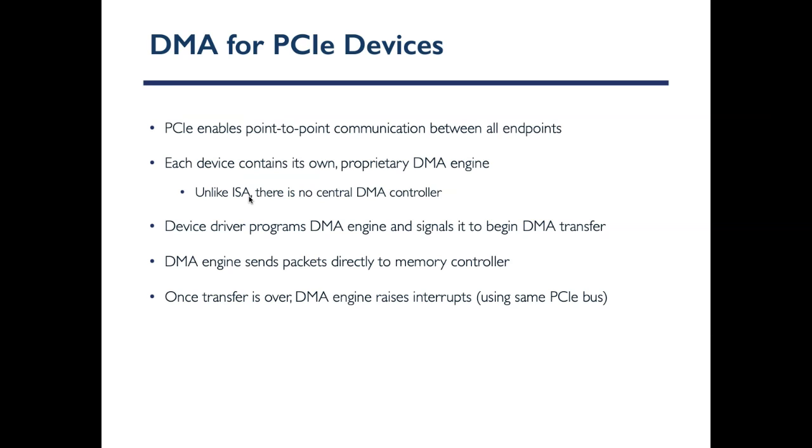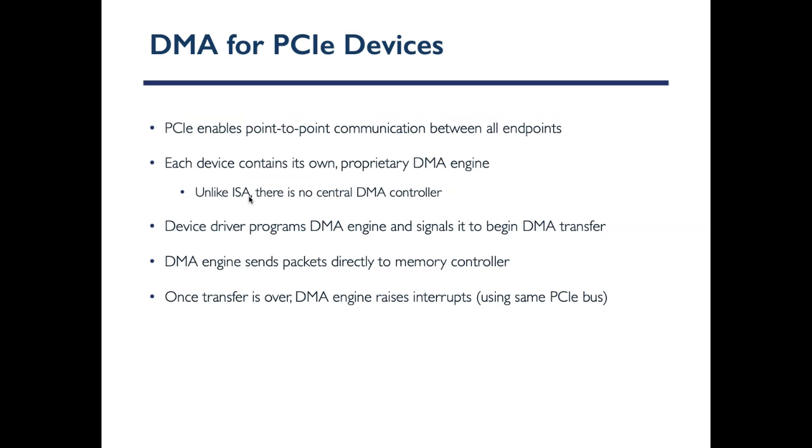One of the endpoints on the bus is the memory. So each device can directly send messages to the memory. And that's where the DMA could become easier without any centralized DMA unit. Each device could have their own DMA engine, usually proprietary engines that each device implements.